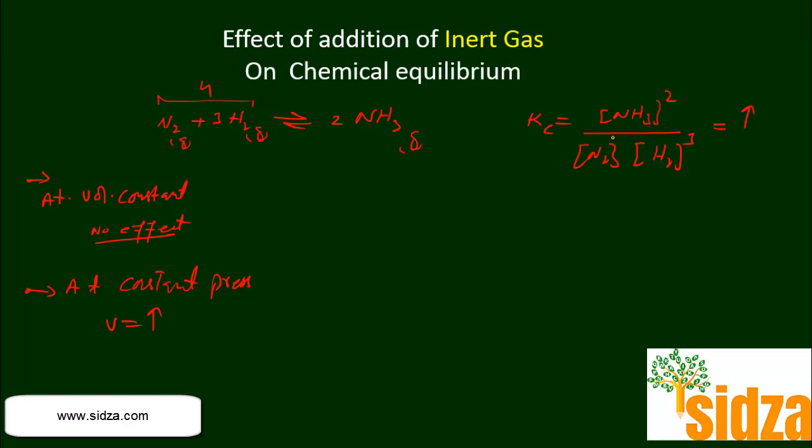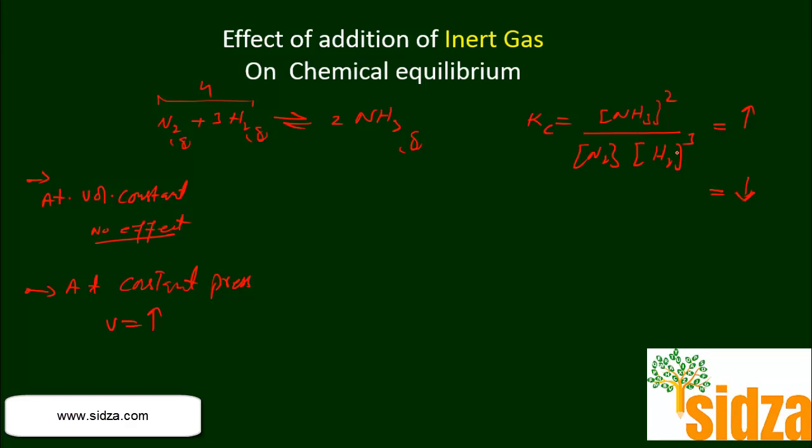Now according to Le Chatelier's principle, the equilibrium will react in a way so that it can undo the change, meaning it will try to decrease this equilibrium constant. So when you are adding an inert gas at a constant pressure, the volume will increase, and therefore this Kc is going to increase for this particular equation, and the equilibrium will react in a way so that it can decrease this K. Now the question is how K can decrease.